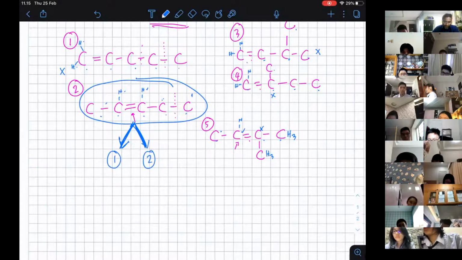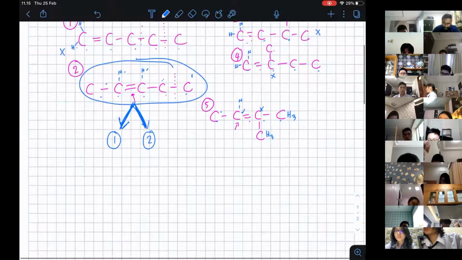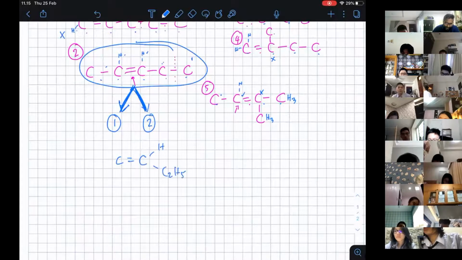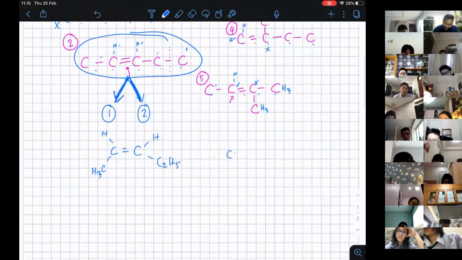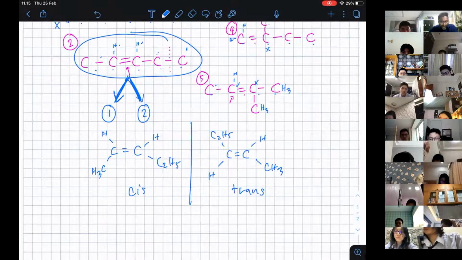If you want me to draw, I can draw C double bond C, H, and then this is C2H5, this is H, this is CH3, and it can be C double bond C, H over here, another H over here, C2H5, and this is CH3. You have two isomers. This is going to be cis and this is going to be trans. So here I have two versions of this.